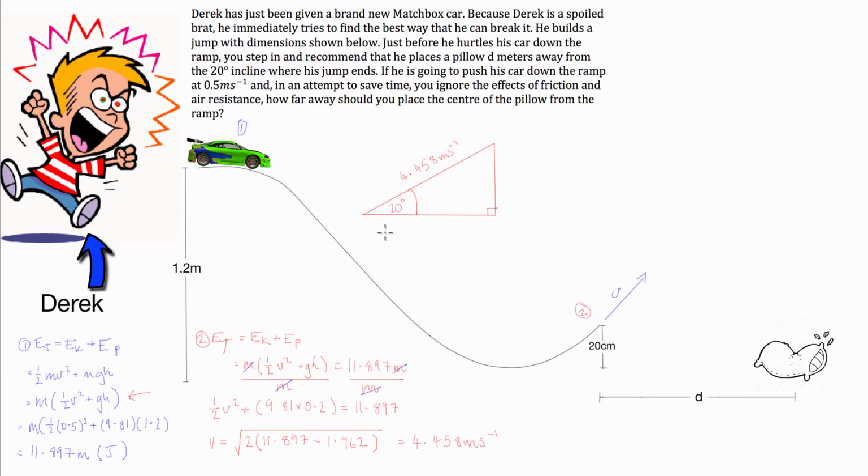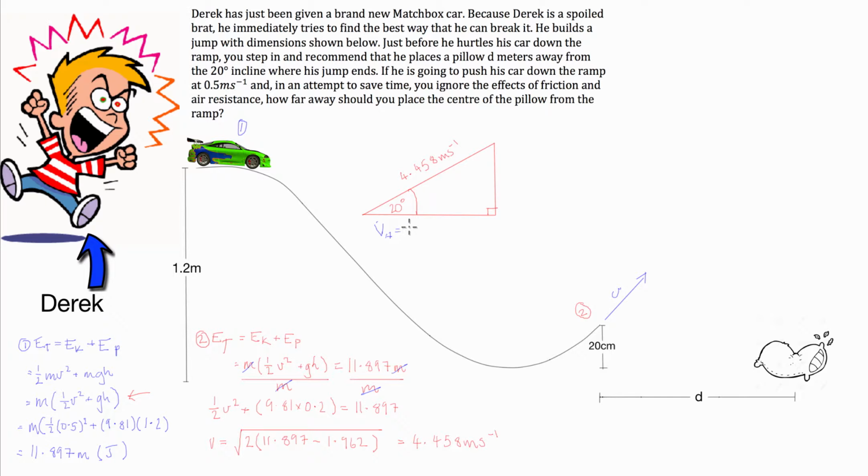So I'll start with the horizontal one. So this is going to be the velocity horizontal. Cool. And that's good. This is the adjacent side.